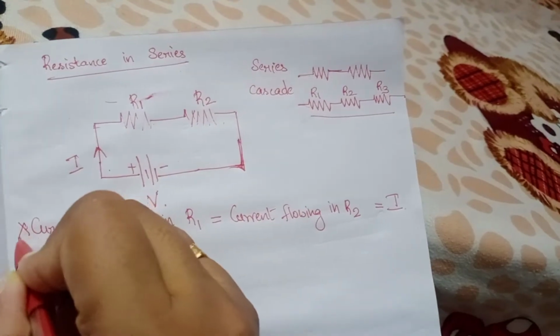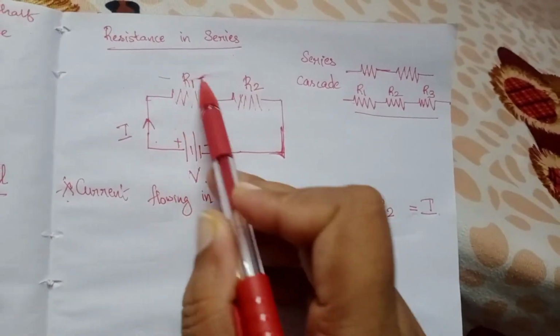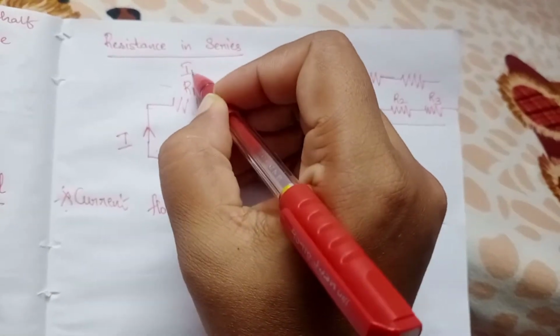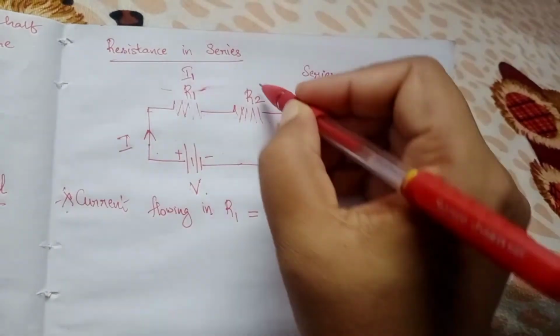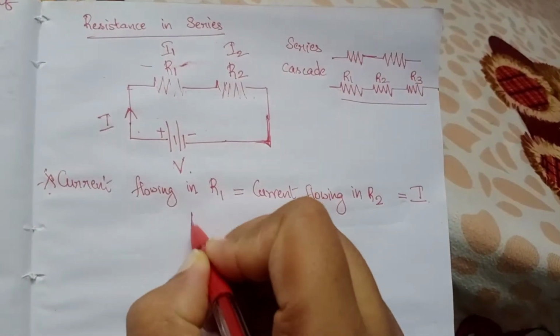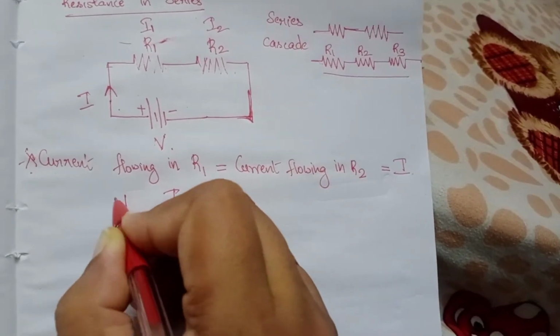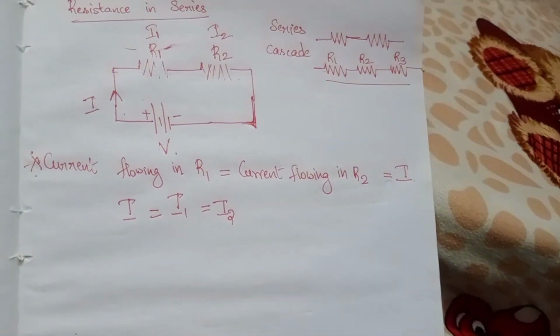Keep in mind, this is a very important point. In a series circuit, let the current flowing through resistance R1 be I1, and the current flowing through resistance R2 be I2. So I1 will be equal to I2, which will be equal to the total current I.